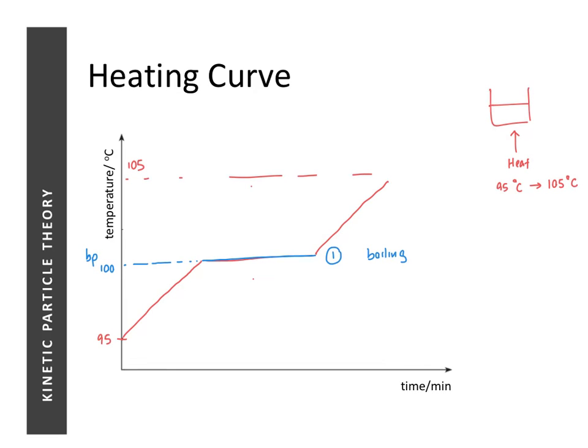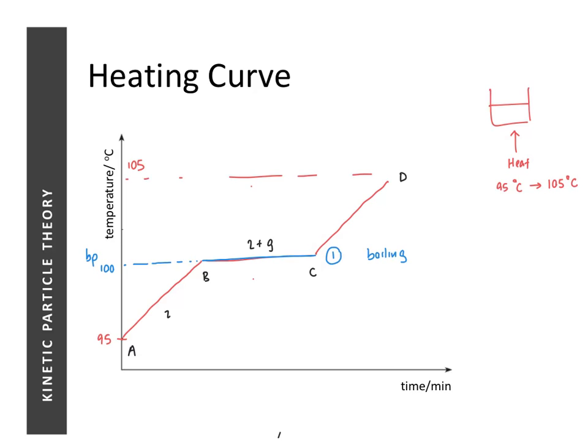The second important thing is to be able to recognize the state that the substance is in at the different parts of the curve. So A to B, B to C, C to D. A to B, we are looking at water in liquid state. B to C is undergoing boiling, so we have a mixture of liquid and gas.